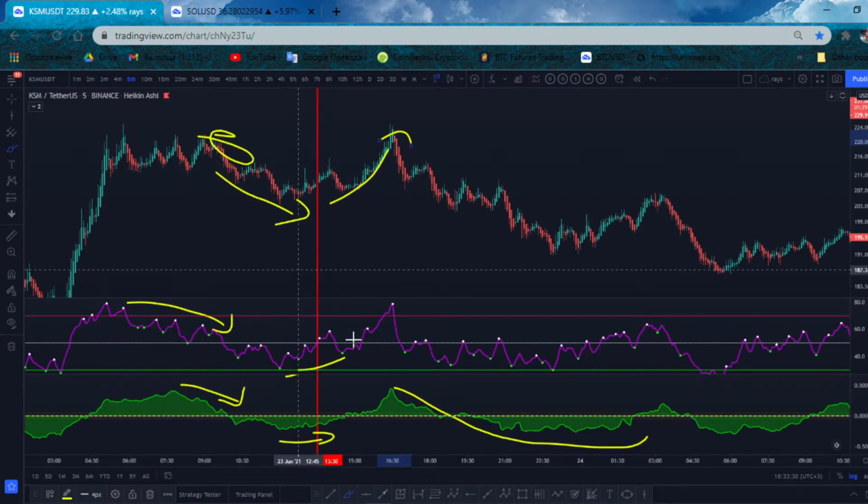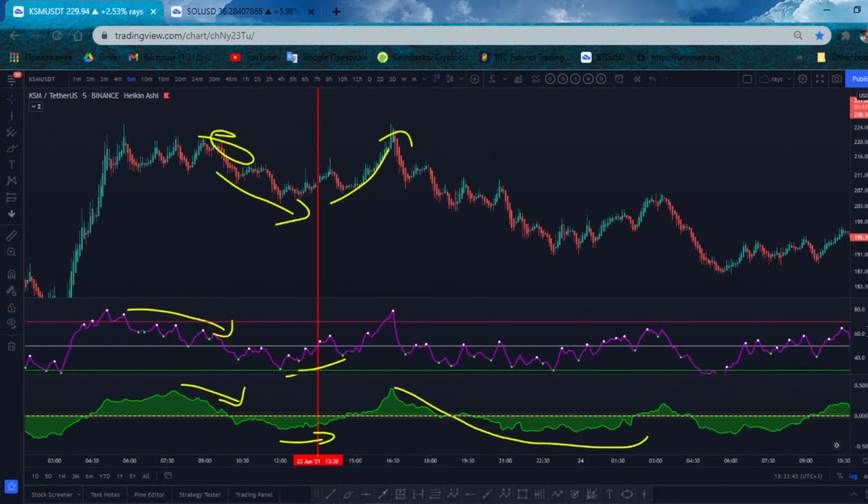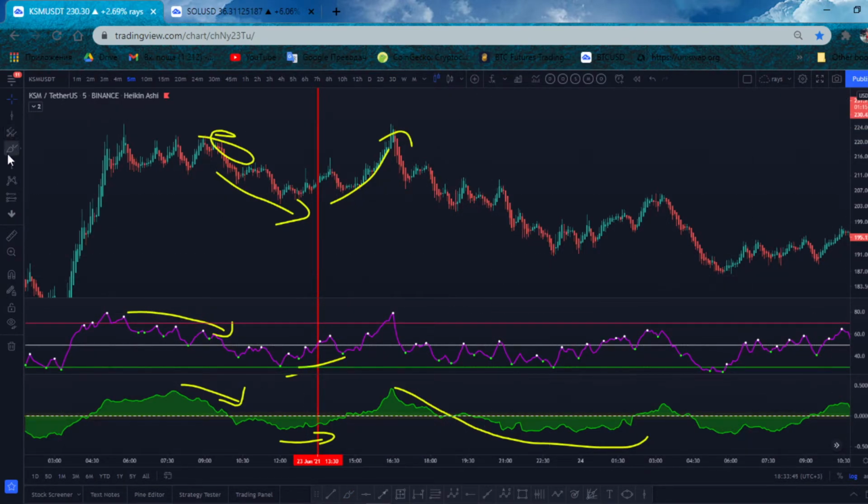But then after this high top on the RSI, look here, the RSI is making a really high peak above the overbought region.